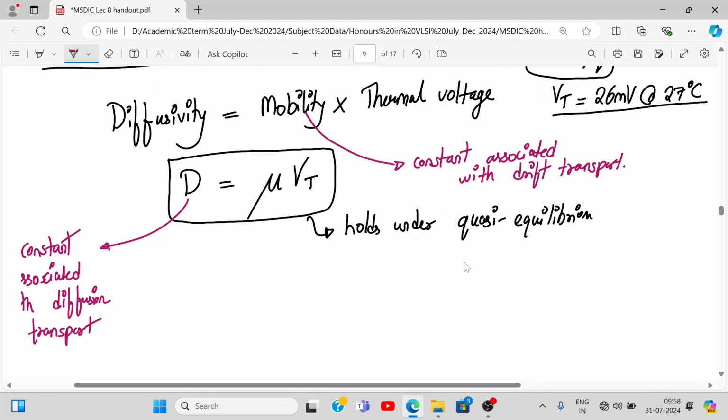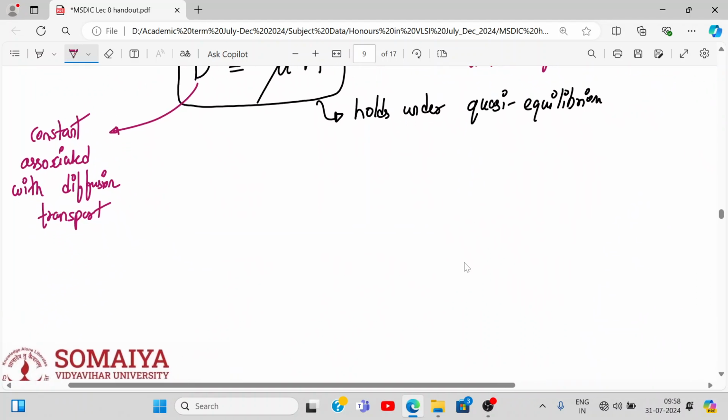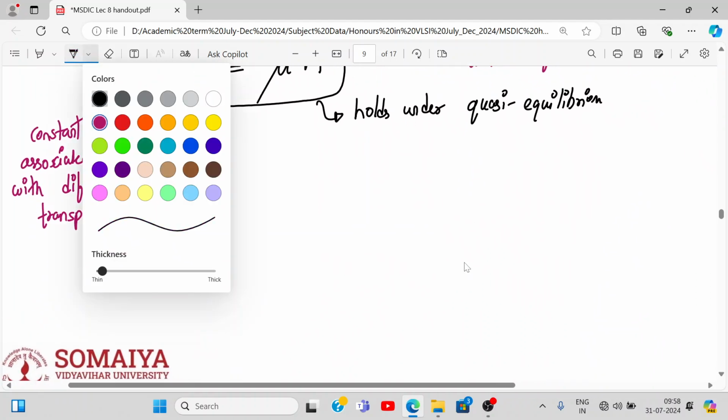Now write down two facts. I'll clarify later why they are so.